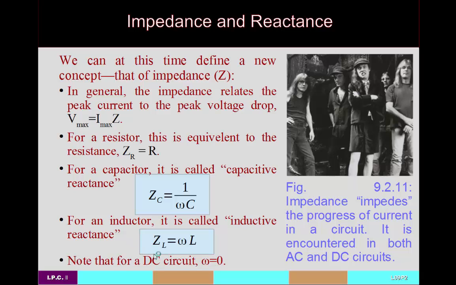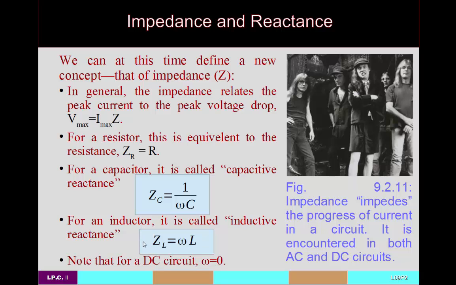If you have, on the other hand, omega approaches infinity, meaning the angular frequency is very, very high, then you'd have a very, very large number down here, which means that you'd have virtually zero capacitive reactance. But you'd have a very, very large number here, which means that your impedance is also very large for the inductor.